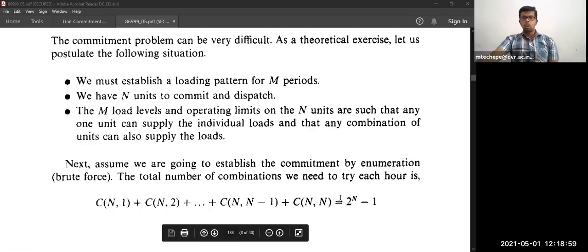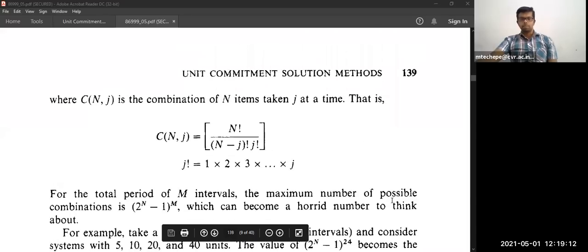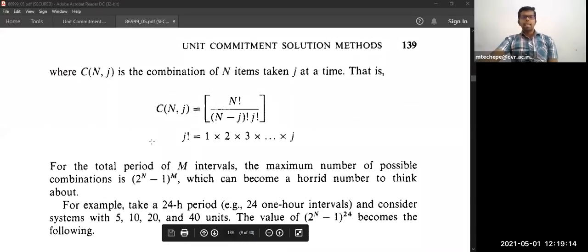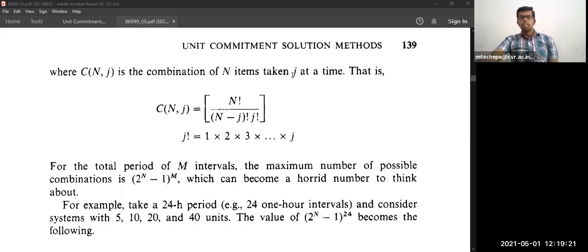So that combination C(n,1) + C(n,2) + up to C(n,n-1) + C(n,n) is equal to 2 power n minus 1, where C(n,j) is the combination of n items taken j at a time.